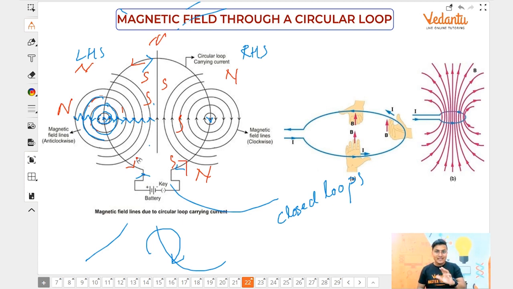You will see that the magnetic field direction is also changing, and everywhere you can see that north and south will also become opposite. This will become south, north, south, north. You can apply your right hand thumb rule and conclude that. Let's not spend any more time on that. You have understood it very clearly, correct? Awesomely well done, guys.